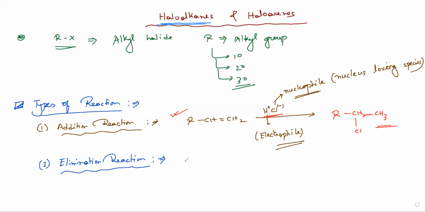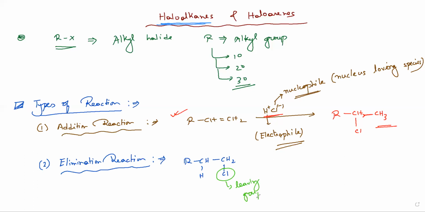For an elimination reaction, suppose this type of CH2, CH2Cl is present. What is an elimination reaction? Here I am taking the leaving group, which can leave easily.